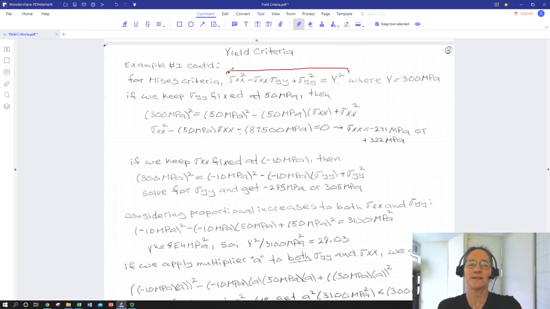So that's all we have contributing to our deviatoric strain energy, and we know that has to be equal in this case to our K squared from Von Mises, for yielding.